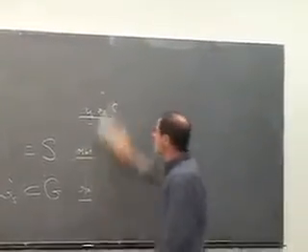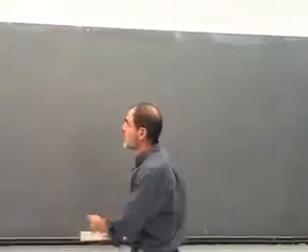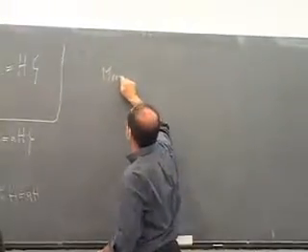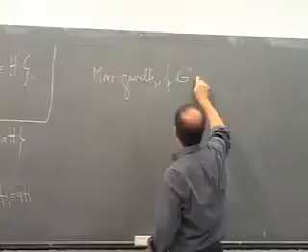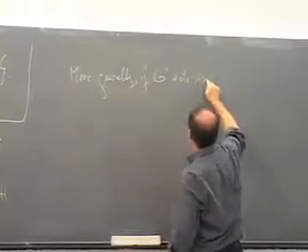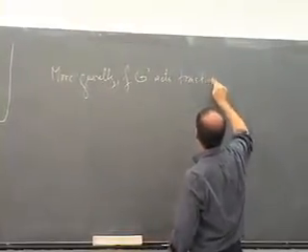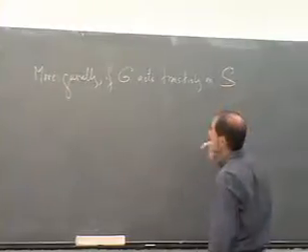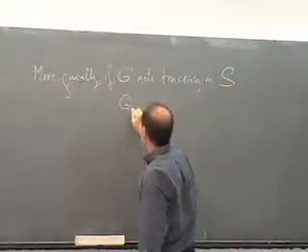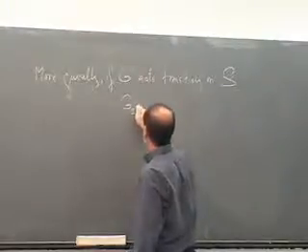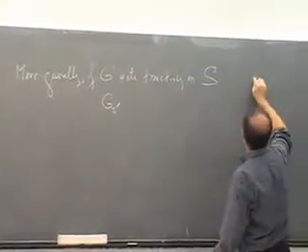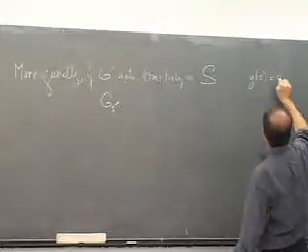More generally, if G acts transitively on S, and you want to compare G sub S and G sub S prime, say G of S is equal to some S prime.